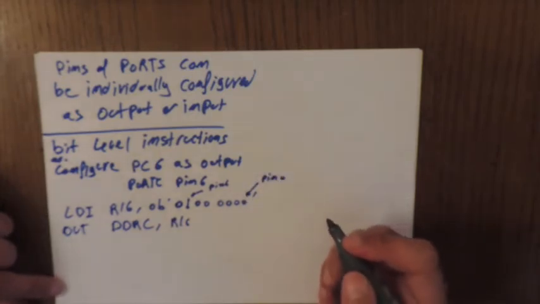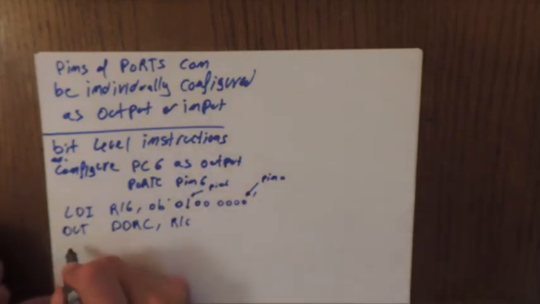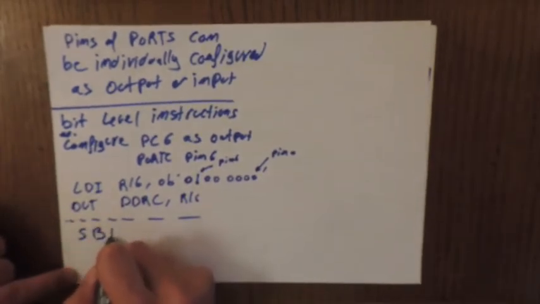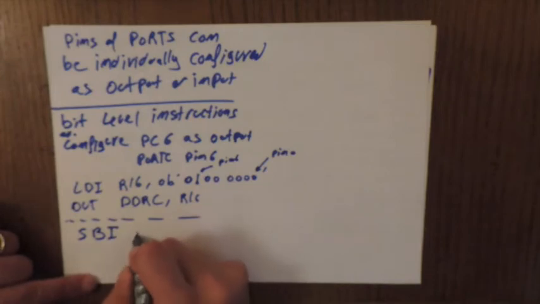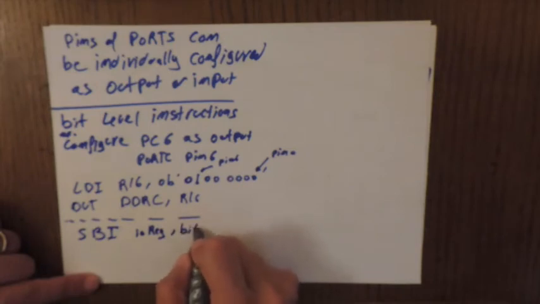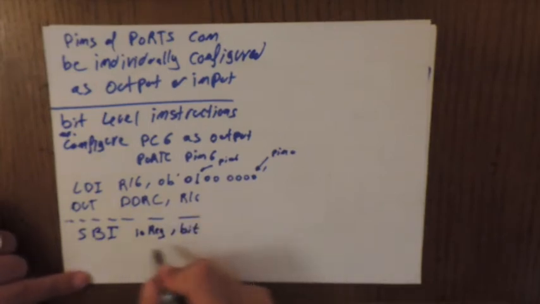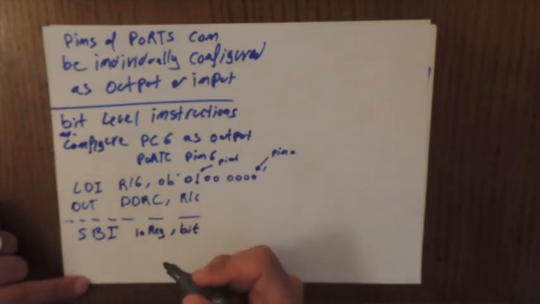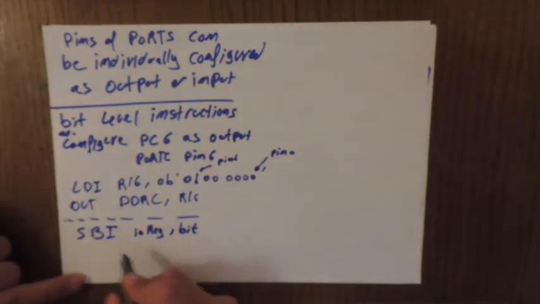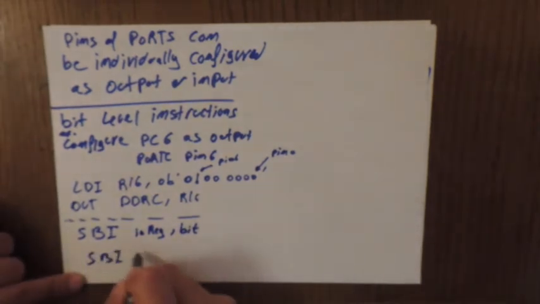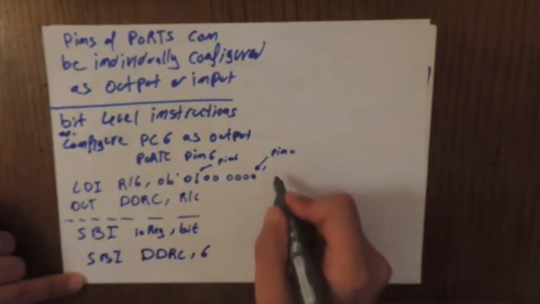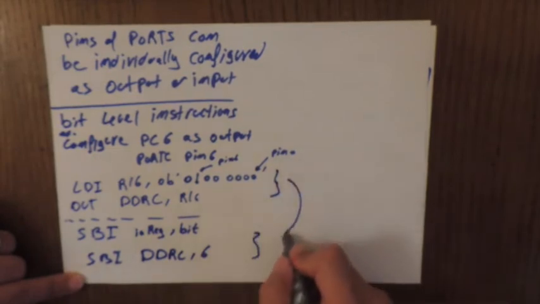Another way to do it is with an instruction called SBI, and it takes an IO register and a bit. In this case, the IO register can be any of the ports or any IO register, and the bit is the number. So I can replace these two by saying SBI DDRC, 6. These two are equivalent.